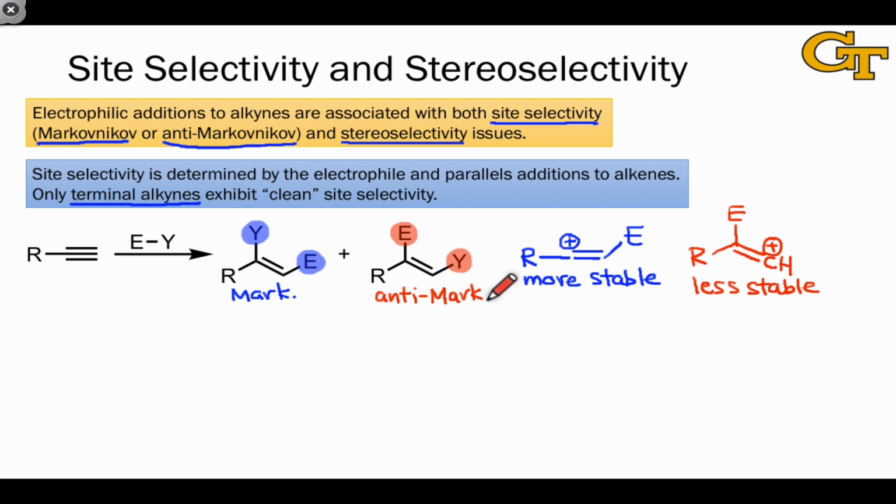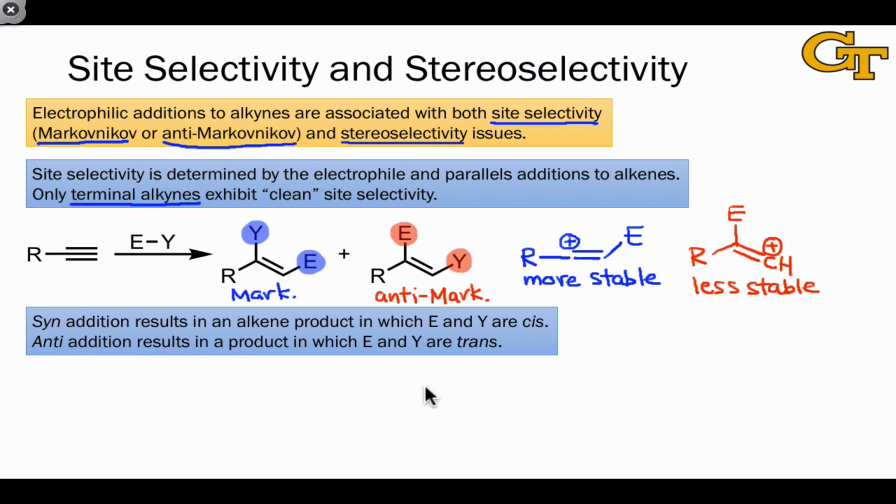And as we've seen in an alkene context, we can't synthesize the anti-Markovnikov product through a vinyl cation. Reactions involving vinyl cations are preferentially going to give the Markovnikov product. But we can use strategies like hydroboration, where we've inverted the polarity of the reagent to achieve apparent anti-Markovnikov addition.